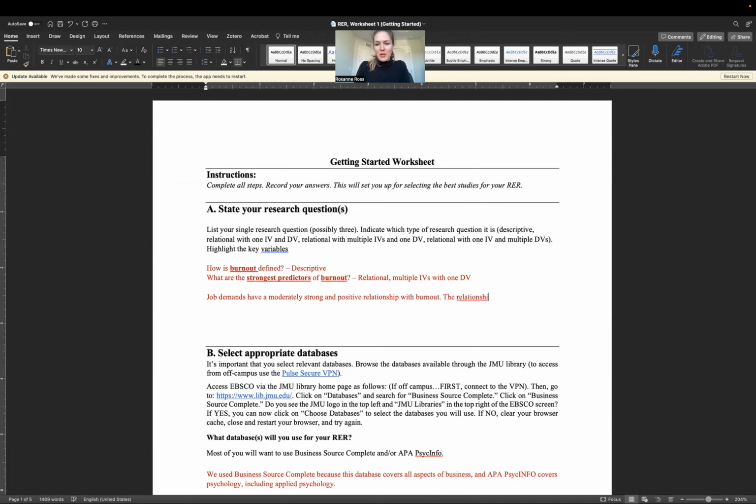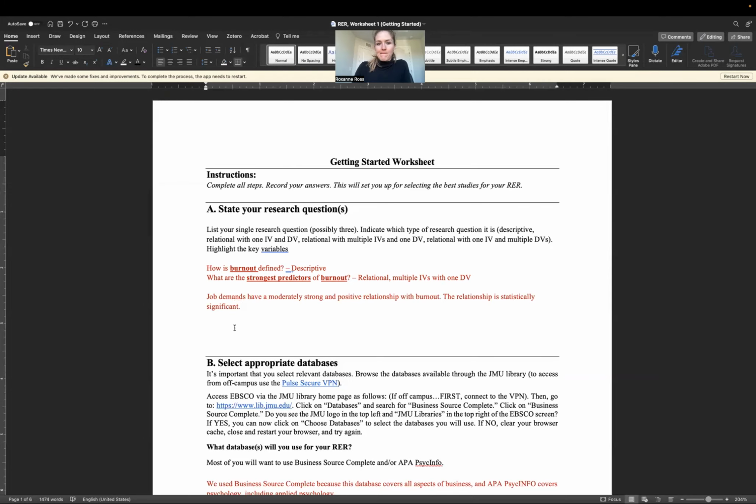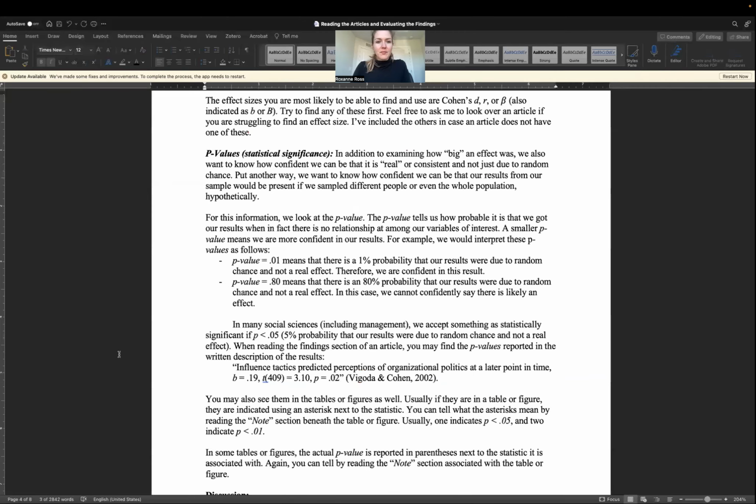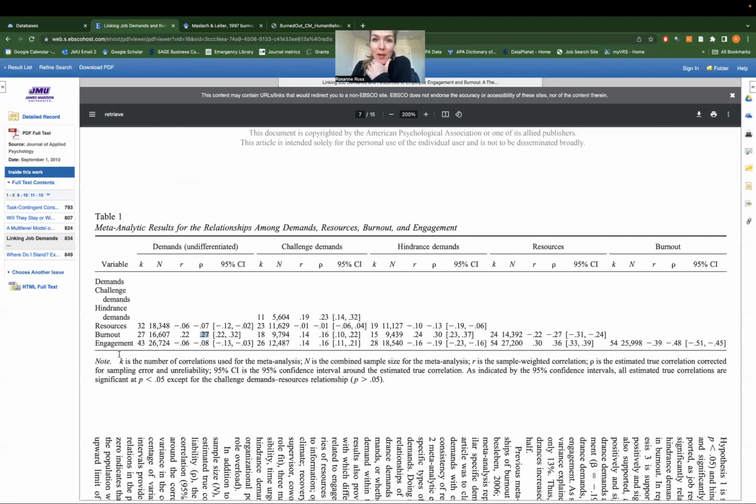The relationship is statistically significant. So that helps us a little bit, but we actually need to look at these other relationships as well.